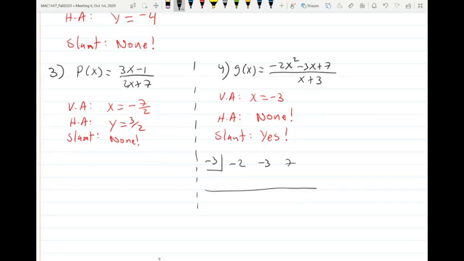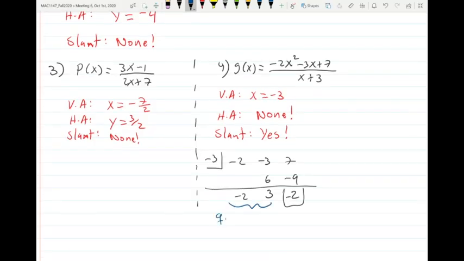Let's see, we're going to have here -2. So what is this? 6. Then we get 3. Then there's going to be -9. So it's going to be -2. So this right here is a remainder, but remember, we don't care about the remainder. What we care about is the quotient. So from here we get that the quotient of the division is negative 2x plus 3.